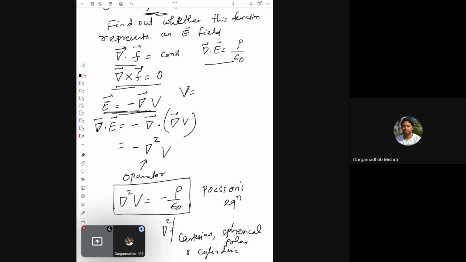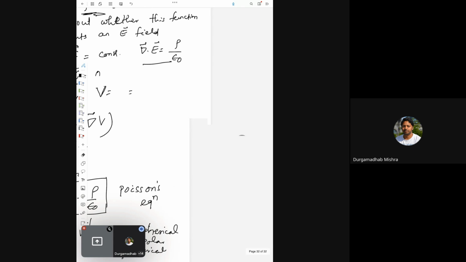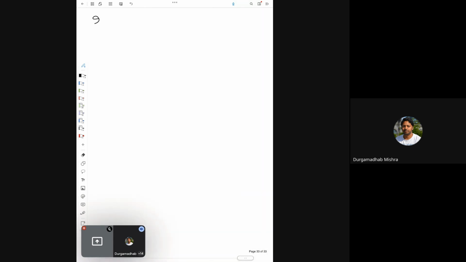So this is part of your mathematical physics, being able to write coordinate forms, coordinate systems. If I take, for example, a one-dimensional situation, then in 1D this expression becomes d square v by dx square minus rho by epsilon.